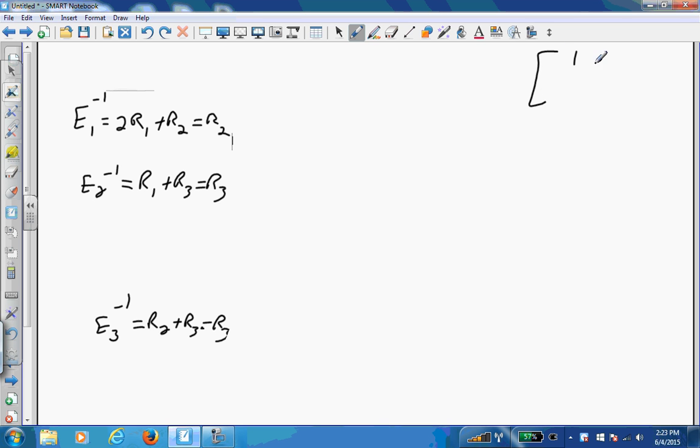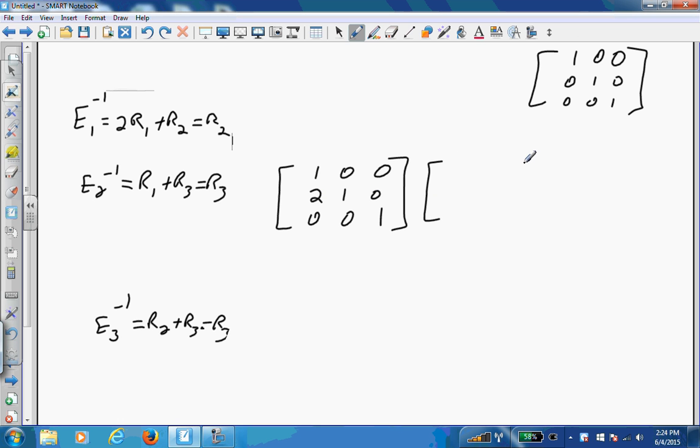Thinking about the 3 by 3 identity matrix being this. So E1 inverse, we're changing the second row. So the first and last row remain the same. So we're doing twice the first row.